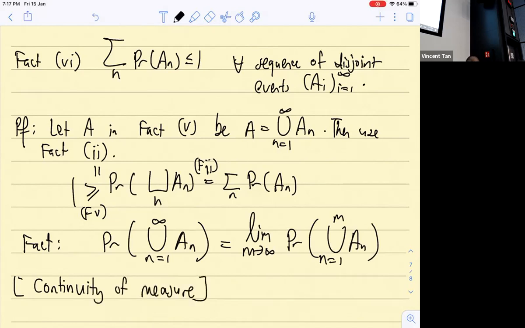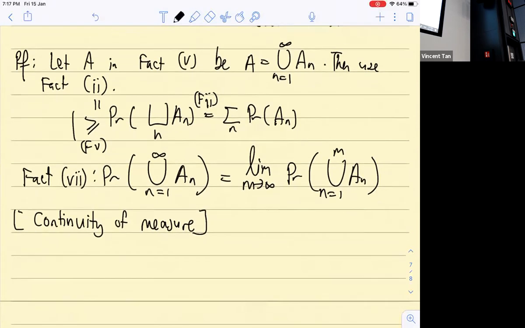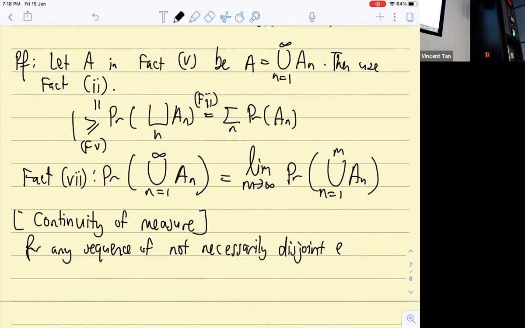It's so important that there's a name. Okay, this holds true for any sequence of not necessarily disjoint events A_i.